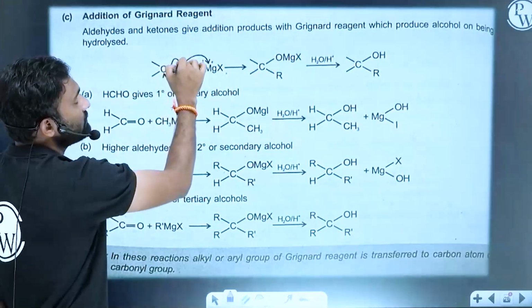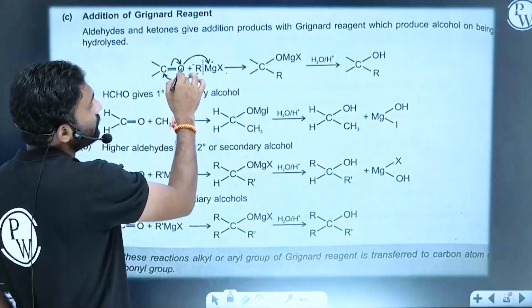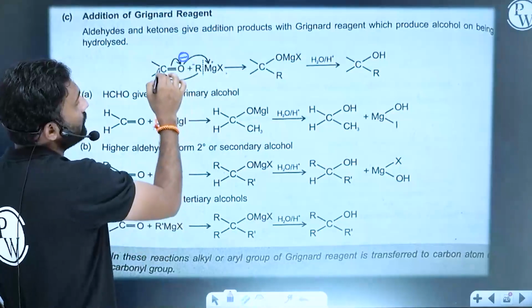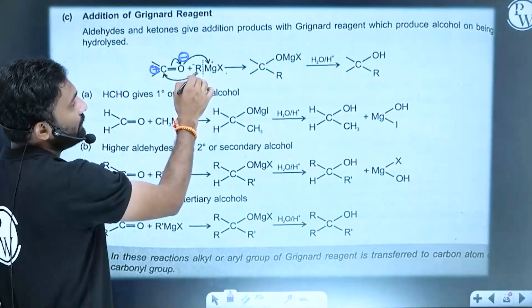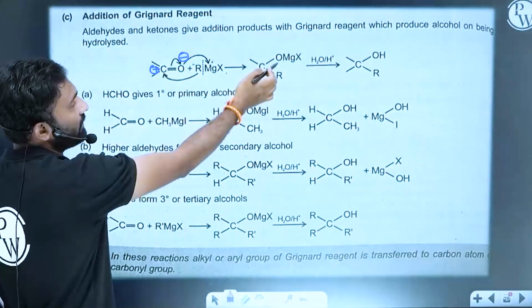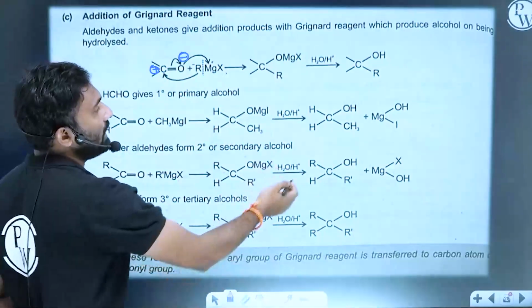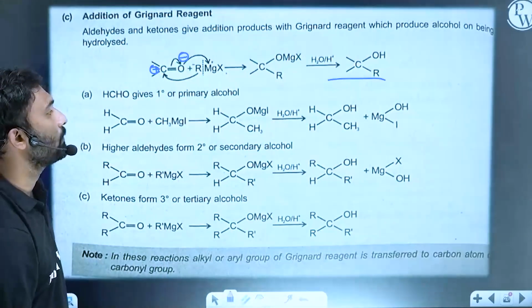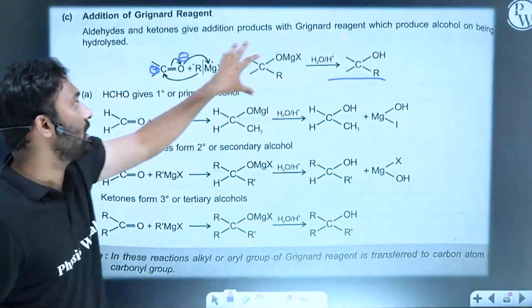Oxygen is more electronegative, it will take the bond pair of electrons. So oxygen gets a negative charge and carbon gets a positive charge. The alkyl is negative, so it will attack here, and Mg has the positive charge. Upon hydrolysis we get the product. This is the reaction species for the Grignard reagent.